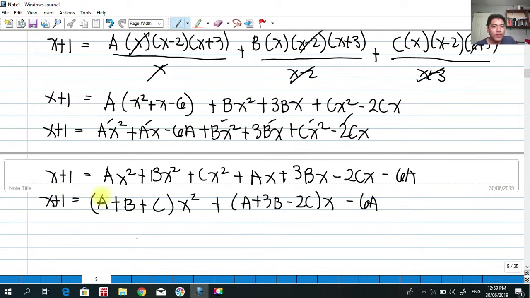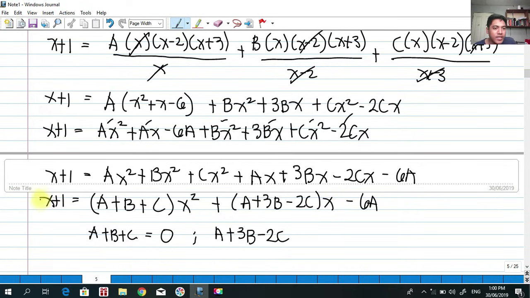So we have three unknowns, a, b, and c. We have three equations represented by this. First, a plus b plus c, and do we have an x squared on the left side of our equation? No, we don't. So this should be equal to 0, and that is our first equation. For our second equation, we have a plus 3b minus 2c, and that is in terms of x.